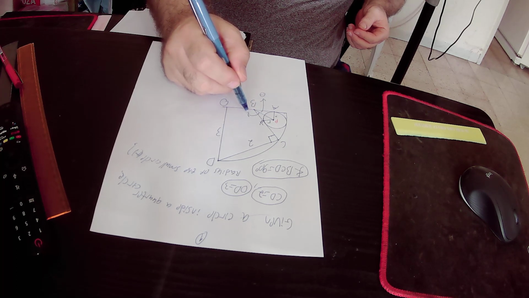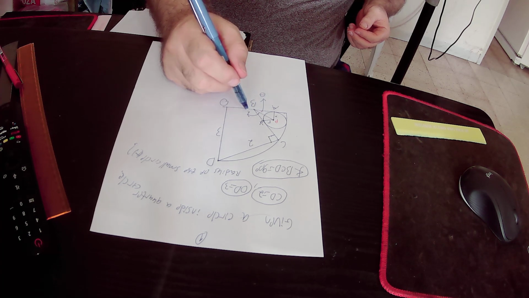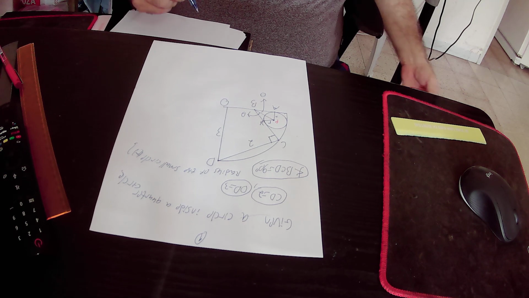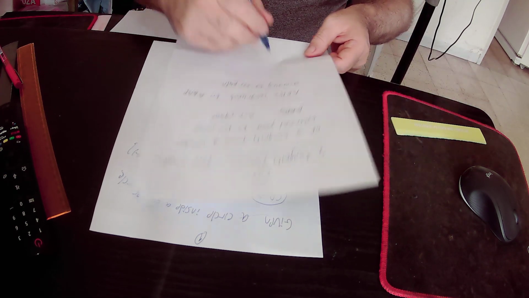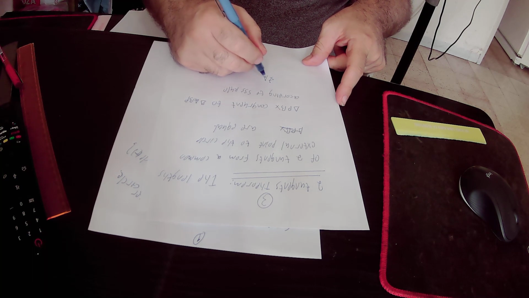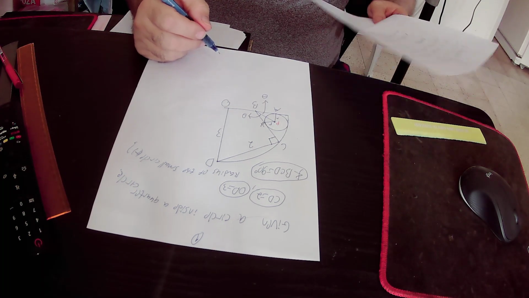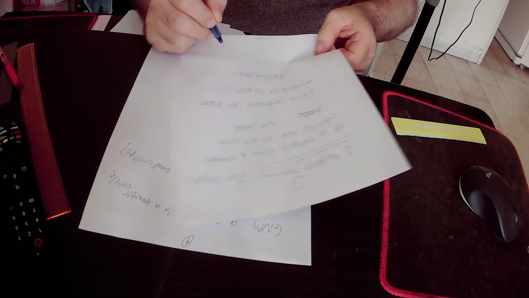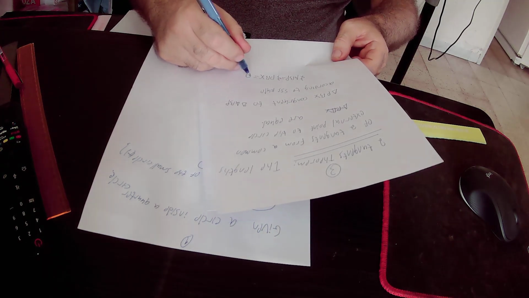Those two angles are equal to each other, therefore angle PBX will also be equal to theta. Okay, so angle ABP equals angle PBX, and both those two angles are equal to theta.